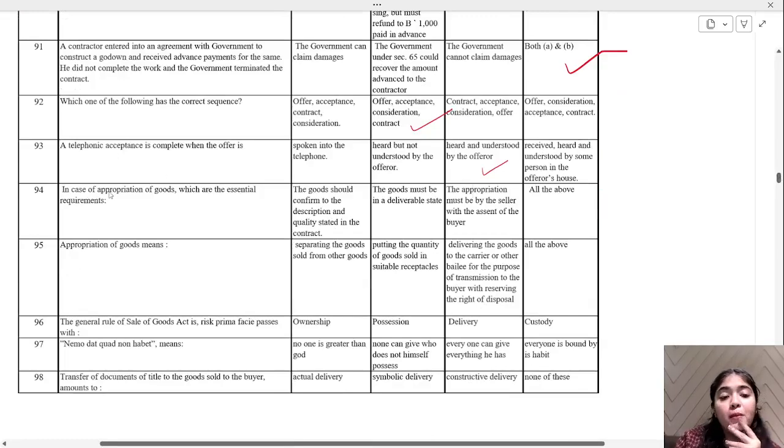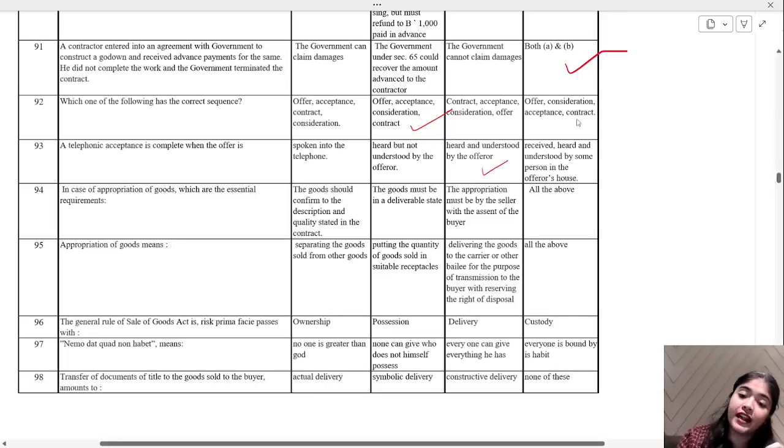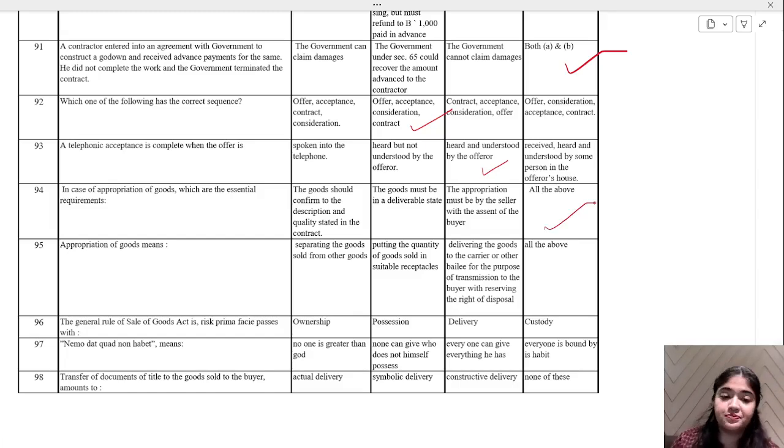In case of appropriation of goods, which are the essential requirements? Goods should conform to the description, appropriation, and quality stated in the contract. Goods must be in a deliverable state. Appropriation must be by the seller with the assent of the buyer, or all of the above. Tell me what it should be. That is correct, all of the above.